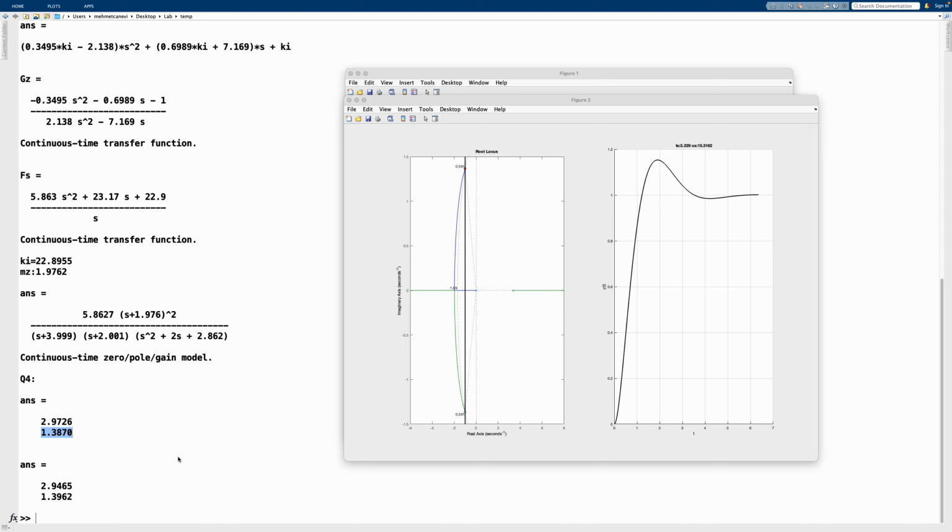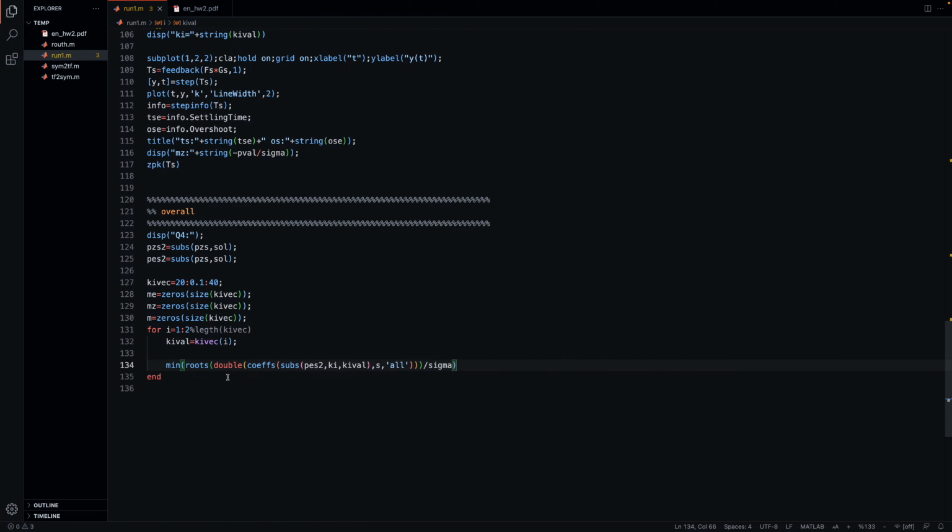As soon as something enters the dominant region, it will affect the response of our system, and we're not going to tolerate that. We just don't want that to happen if possible. So I'm going to take the minimum over these roots here, and that would be the dominance factor for E.